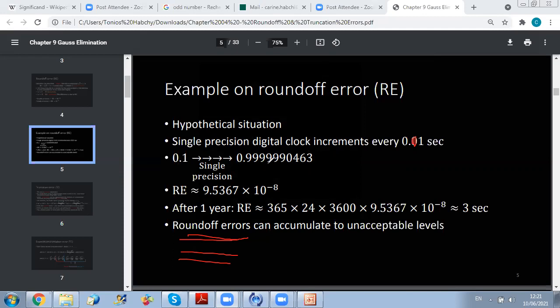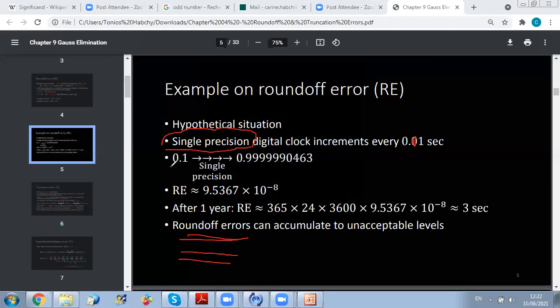Here we give an example of a single precision digital clock that increments each 0.1 seconds. Because it's single precision, each 0.1 second we will have a certain error. Why? Because, as we said, computers, calculators, and digital equipment in general work in binary systems.